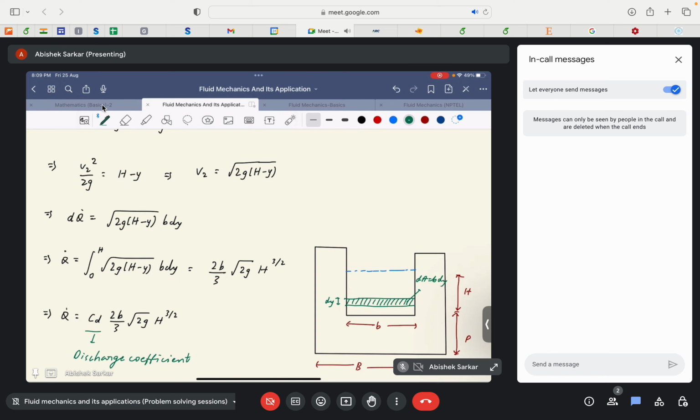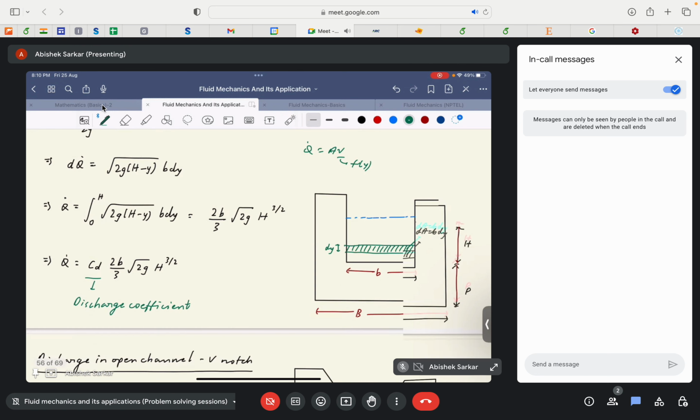So we may ask why we are doing the integration. Because v2 is not a constant now. For inviscid flow, we ideally found that the velocity remains uniform at the exit. But since here v2 is a function of y, we cannot directly substitute it in the equation like Q is equal to AV. That's why we need to do the integration to find the volume flow rate at point 2.